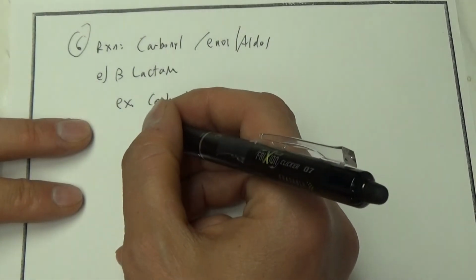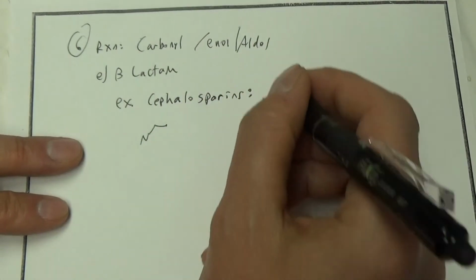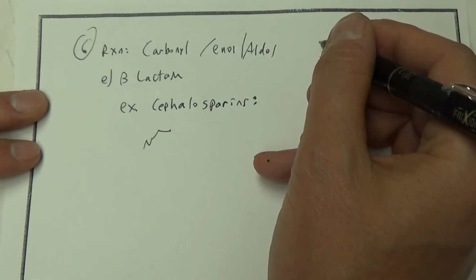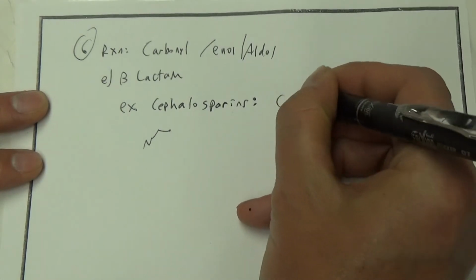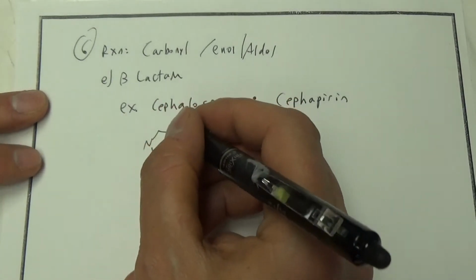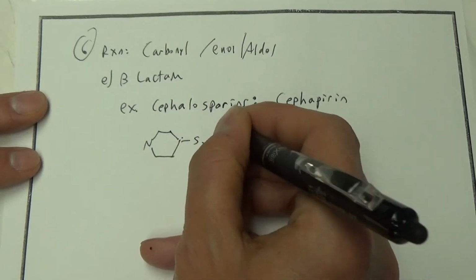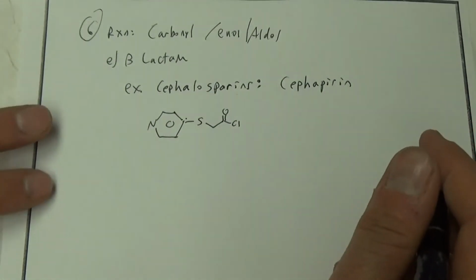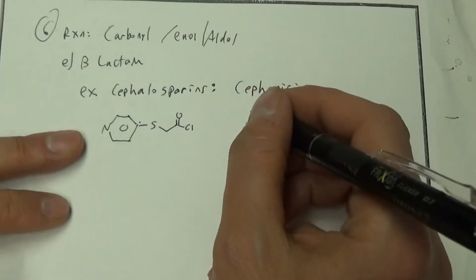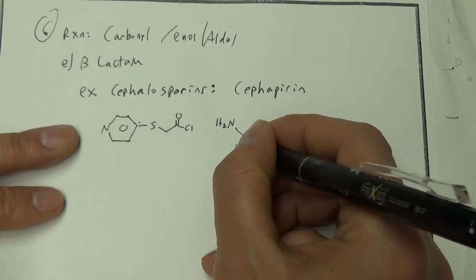First one is cephalosporin. Alright, so pyridine with a CH2 and acid chloride, and then we're using our kind of fancy cheap building block, 7-APA.